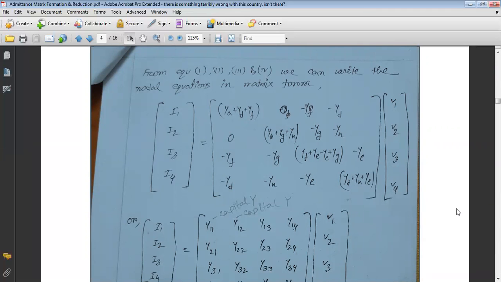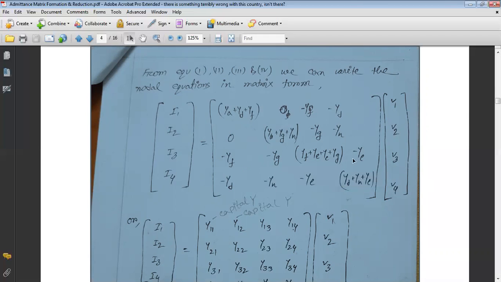Now, if your question asks you to find the bus admittance matrix, then from this you have to determine the bus admittance matrix. So how can we formulate the bus admittance matrix?